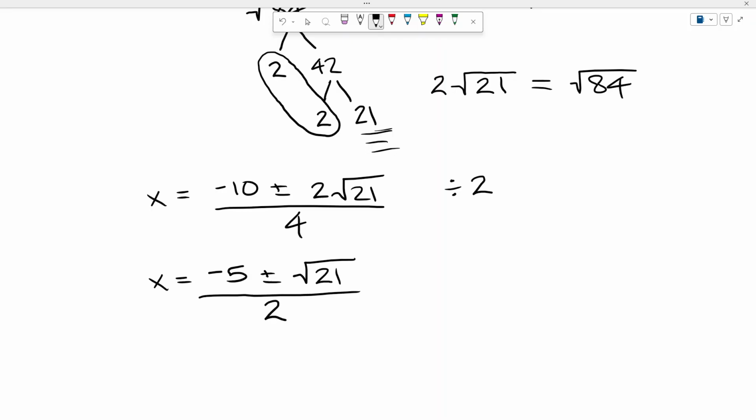And of course, if asked, we could get a decimal approximation and solve it out if we wanted. We have 2 solutions, of course, but we'll leave it in this form. So we have x equal to negative 5 plus or minus the square root of 21 divided by 2 as our final answer.